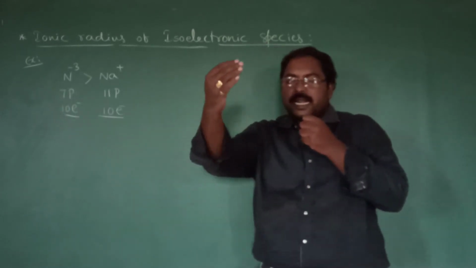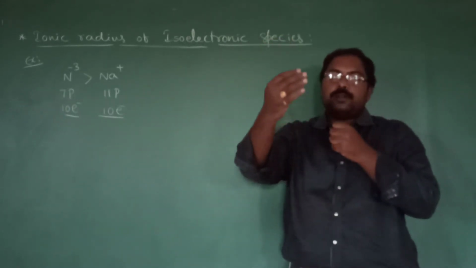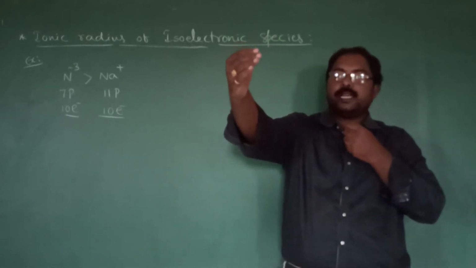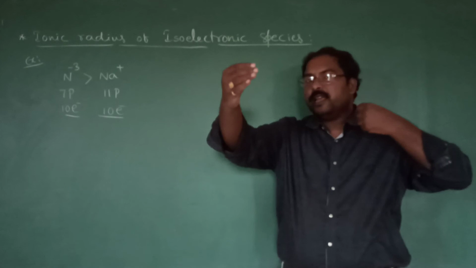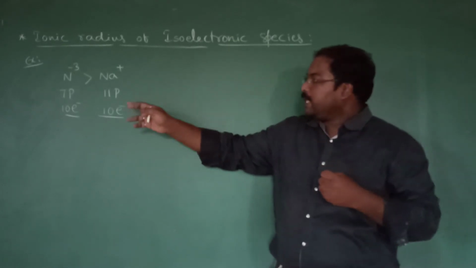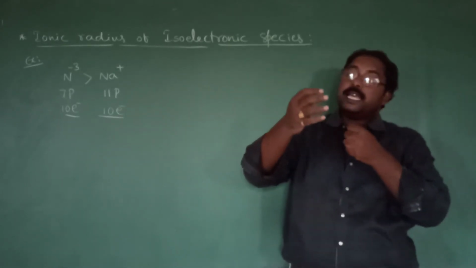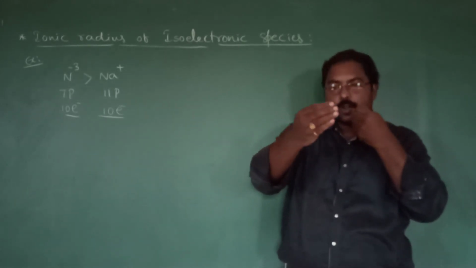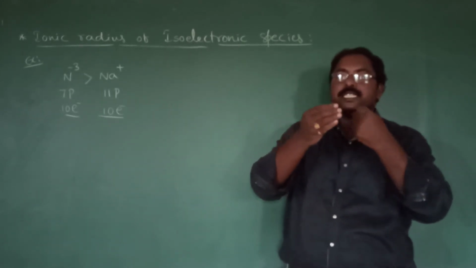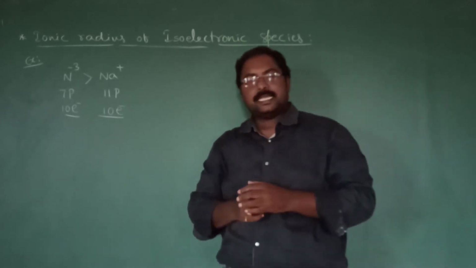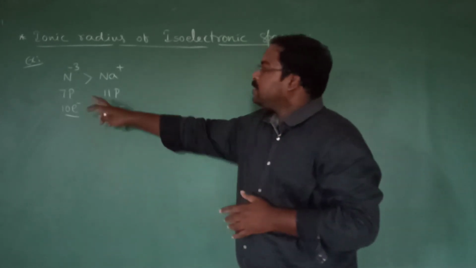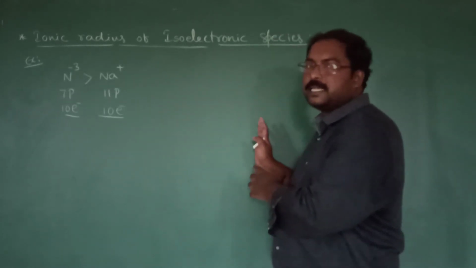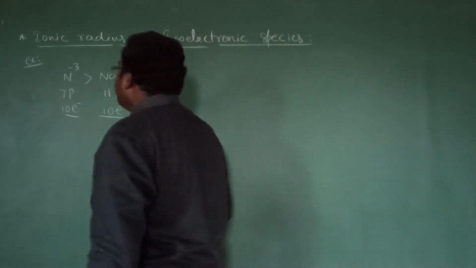So nucleus cannot attract the electron cloud strongly towards it. So it will move somewhat away from the nucleus. So radius will be more. Okay? But in the case of this one, nuclear charge is more comparatively. So automatically it attracts the electrons strongly towards it. So the distance between them will decrease. Okay? So remember this. I hope from the anion cation point of view we already discussed about it. Right?